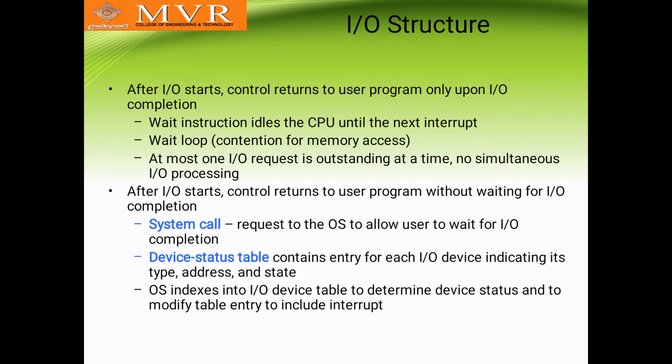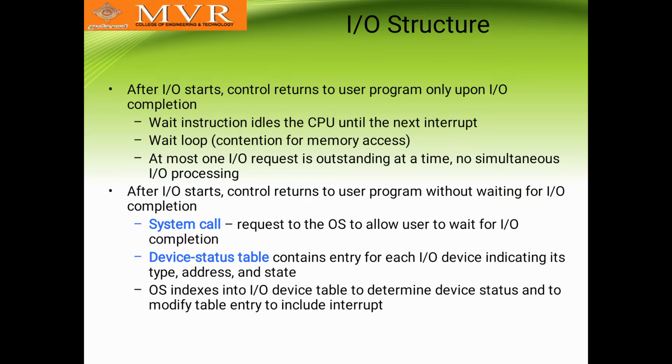In this I/O structure, the I/O structure returns control to the program only upon input output completion. Here there are three factors: wait instruction idles, wait loop, and at most one I/O request outstanding at a time. After I/O starts, control returns to the program without waiting for I/O completion.